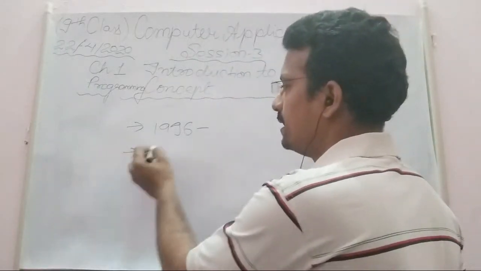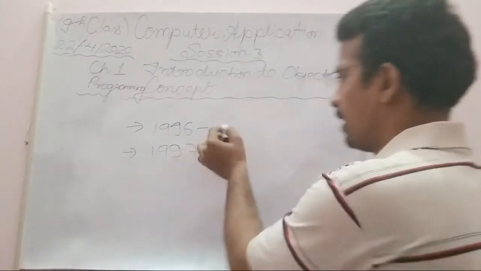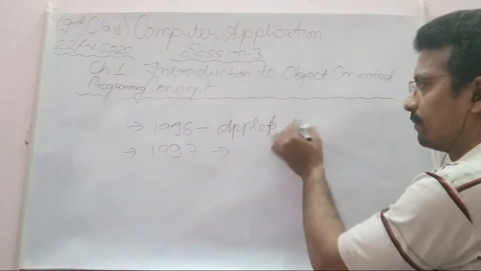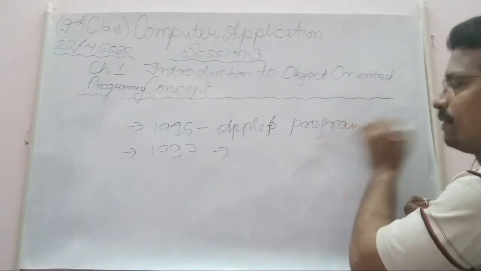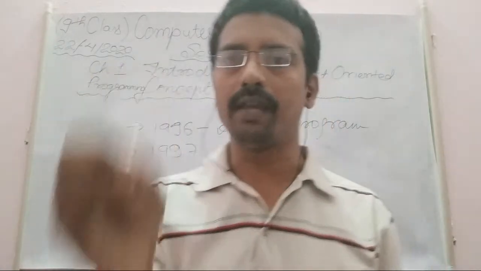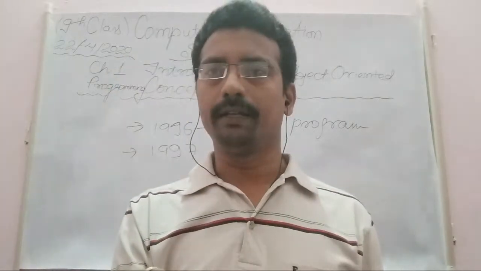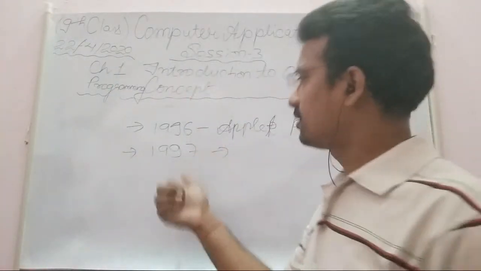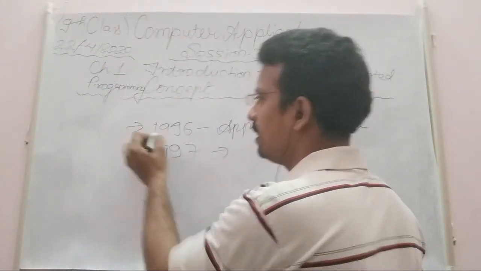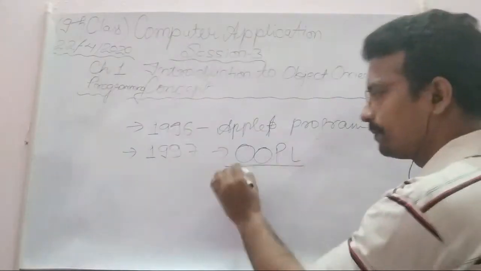After 1997, Java became one of the very dynamic object-oriented programming languages for the software market.